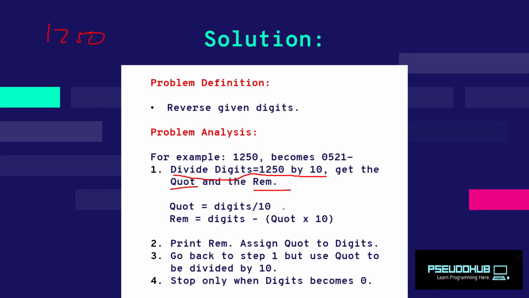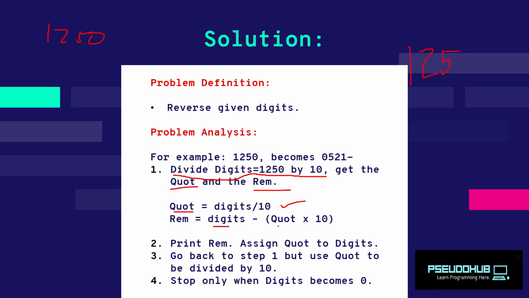In the first implementation, digits divided by 10. Currently the digit is 1,250, so we divide it by 10. Like I've mentioned, the answer is 125. So digits divided by 10 equals 125, and the value of quote is 125.